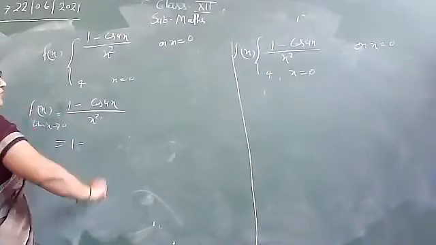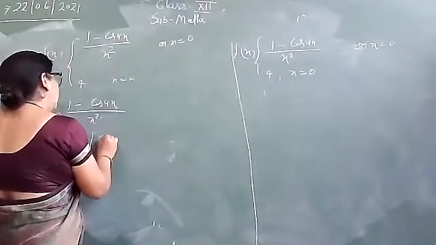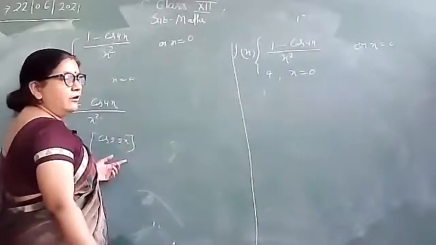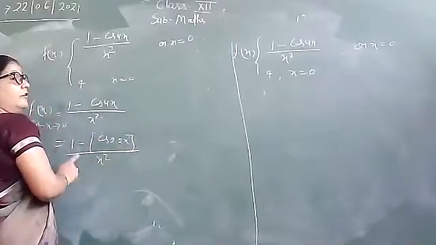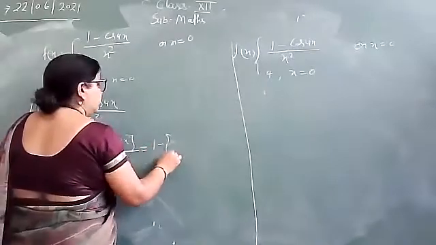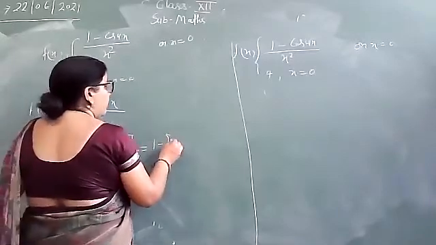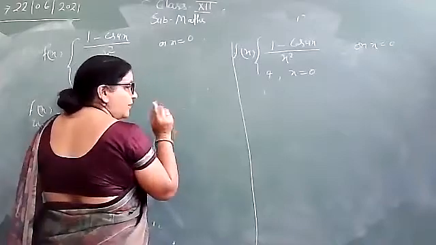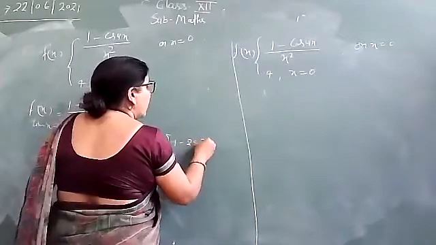Here we use a trigonometric identity. We know that cos 4x equal to cos 2 into 2x. Everybody knows? So we write 2 into 2x. This is only a trigonometry function solution. 1 minus cos 2 theta equal to 1 minus, 1 minus 2 sin square theta.